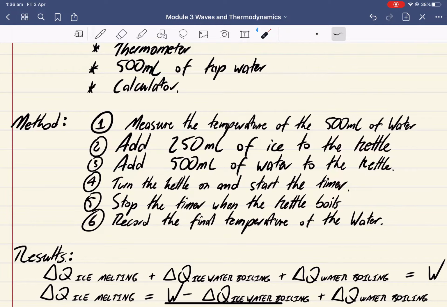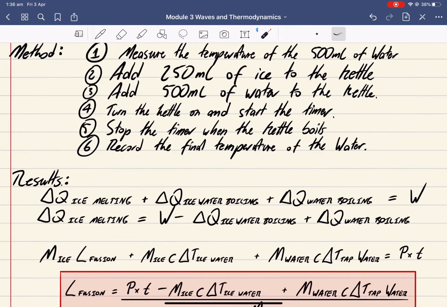So I guess the most complicated part of this prac is understanding what's going on down here. If we look at these energy changes, we have the change in energy of the ice melting, plus the energy of the ice water, once it's turned into water, boiling, plus our energy of the actual 500 mils of water that we put in.